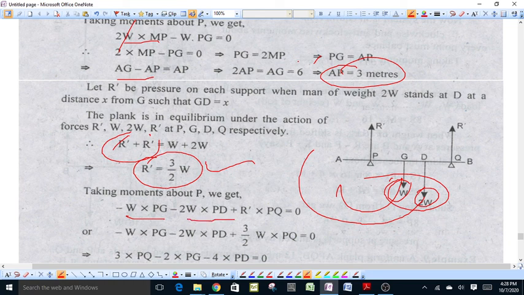Next, the moment of R dash which acts at point P will be equal to 0, because the line of action of this force passes through the point P. And the moment of the reaction R dash which acts at point Q about point P will be R dash into PQ, and this moment will be positive, because the sense of this moment is anti-clockwise.